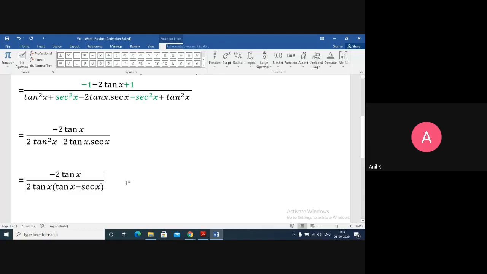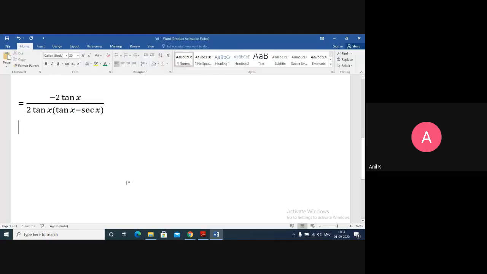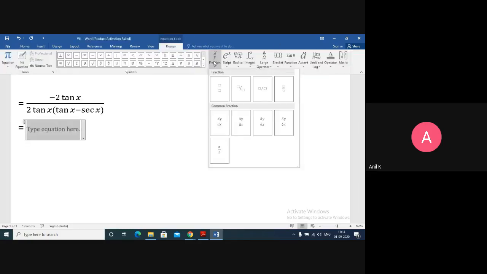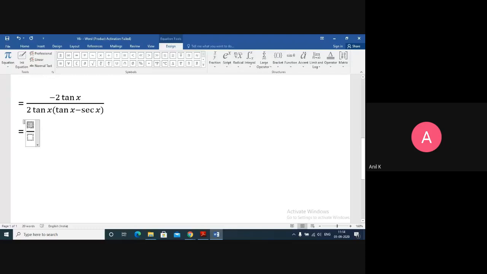So in both numerator and denominator, 2 tan x will get cancelled. Okay, so in the numerator you are left with minus 1 and in the denominator you are left with tan x minus sec x.